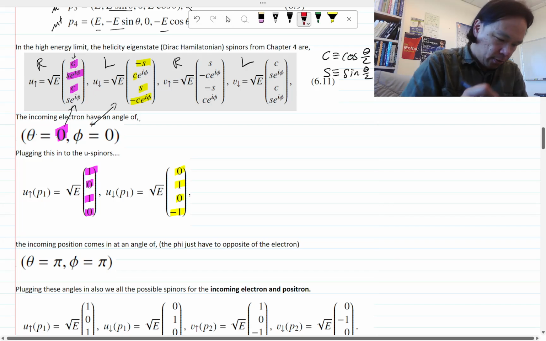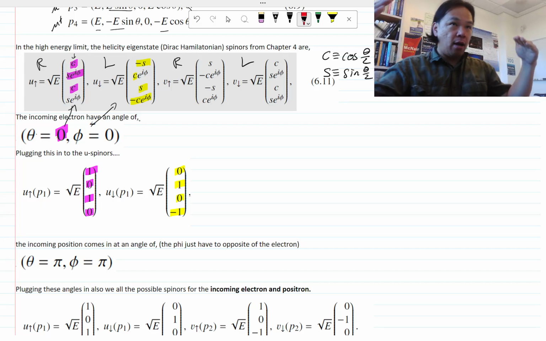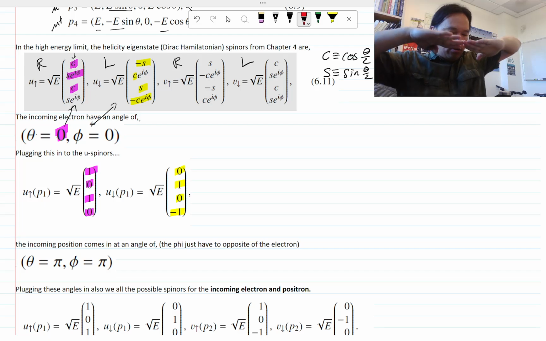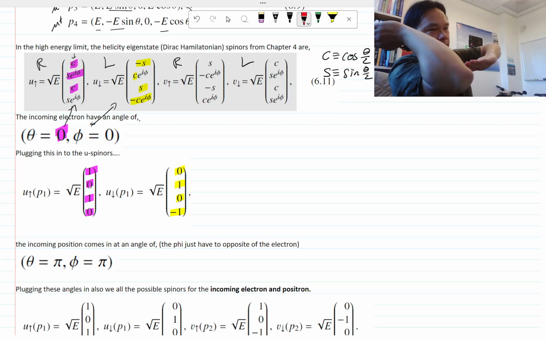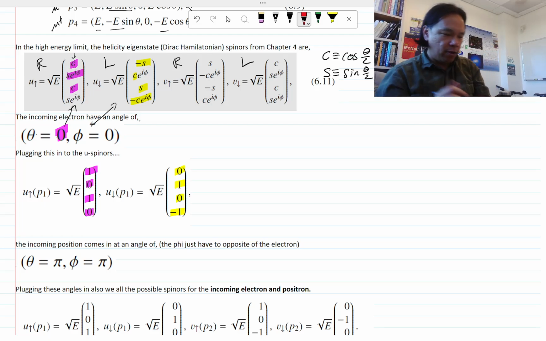Okay, so for the positron, the positron is coming in at an opposite angle to the electron. If you have something going in the opposite direction, you basically flip that angle 180 degrees, both in the theta and phi directions.